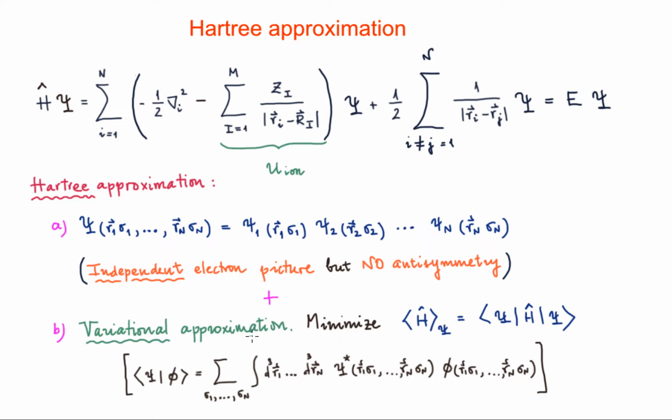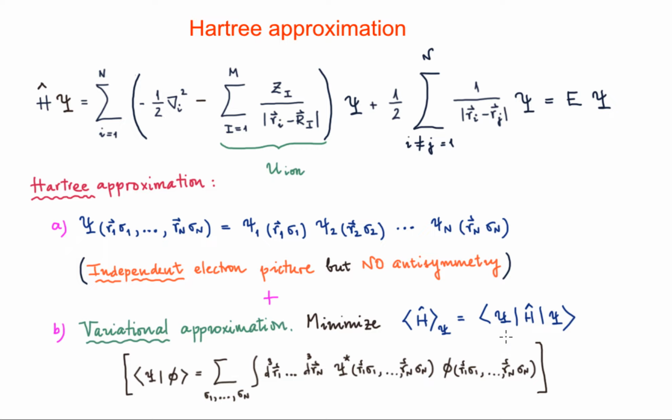Here we are not going to find stationary states of the average Hamiltonian using unconstrained wave functions, because we are going to use a particular form of wave function, the independent electron picture. But we may think that's going to be a very good approximation to find the energies, the eigenstates and the eigenvalues of the Hamiltonian. So our first step is to calculate the average Hamiltonian considering that wave function.